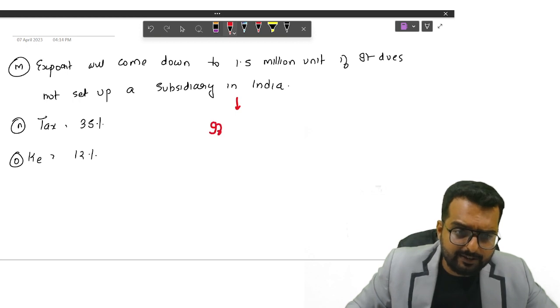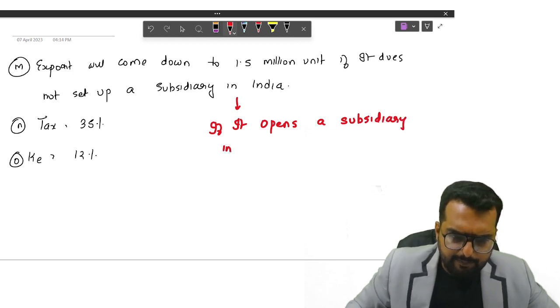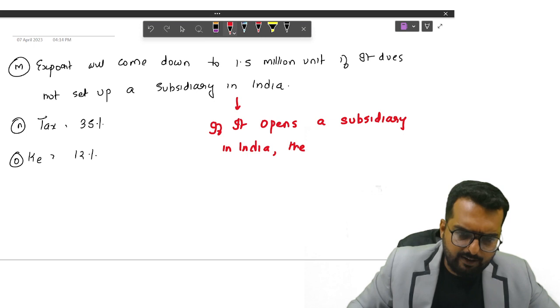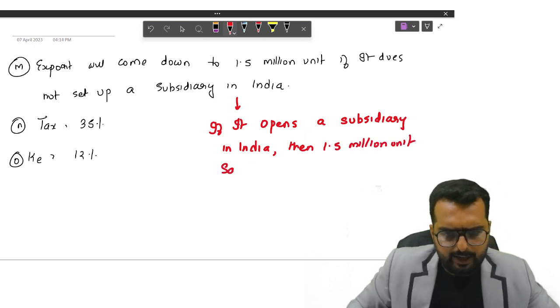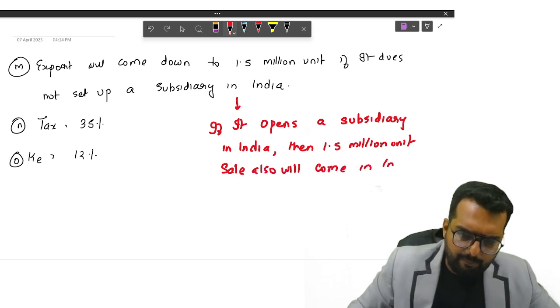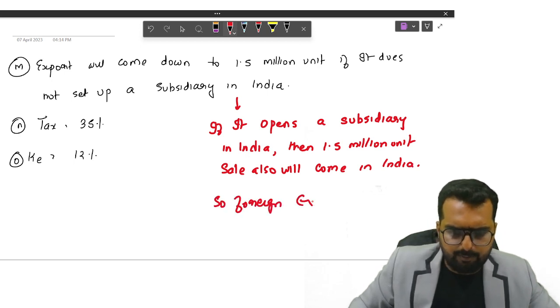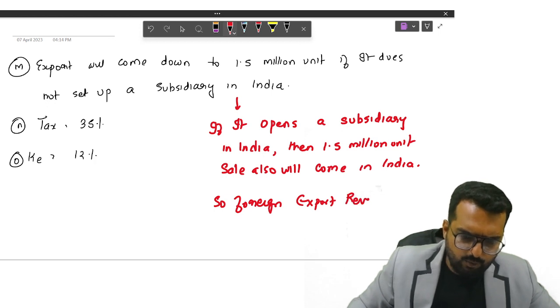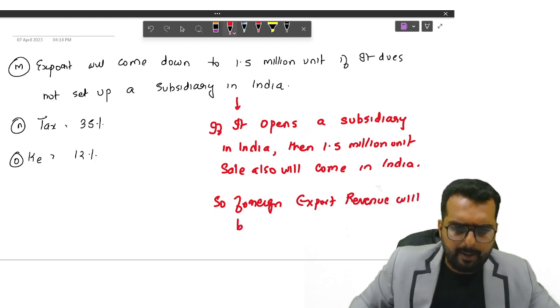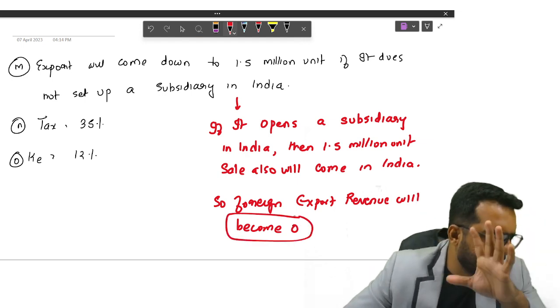Or the other interpretation is that if it opens a subsidiary in India, then 1.5 million unit sale also will come in India. So foreign export revenue will become zero.